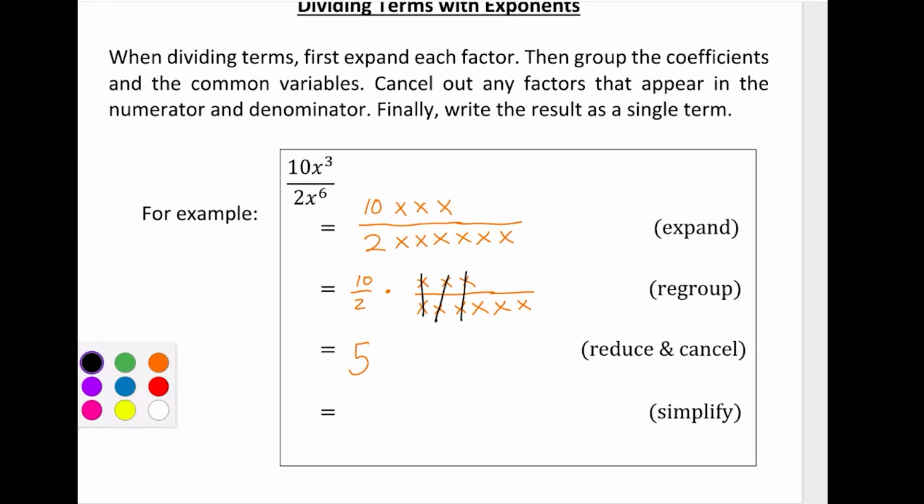And so we're left with just 1 over 3 x's. If you cancel out everything on either the top or the bottom, you're still going to be left with that 1. So 5 times 1 is 5, and then x times x times x is x cubed, and so we get 5 over x cubed.